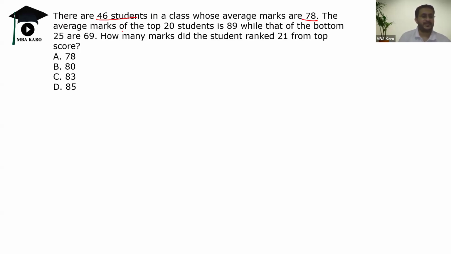Next thing is we are given top 20 students and bottom 25 students. So let us say this is student 1 and so on till student 20. Right? This is student number 21, student 22 and so on till student 46.